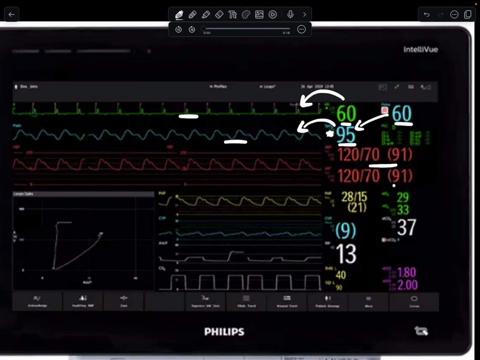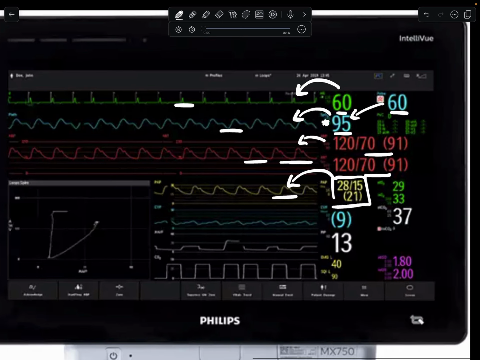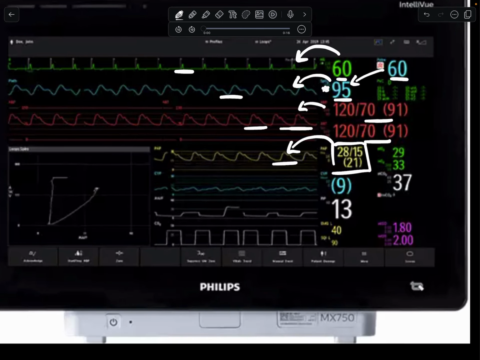These 2 numbers right here in red, those are pressures that are coming from your arterial line, and this would be your arterial line waveform. And then this number in yellow, that's your pulmonary artery pressures if you had a pulmonary artery catheter in, and then that's coming from your pulmonary artery waveform over here on the left. And then this number right here, that's your end-tidal CO2.